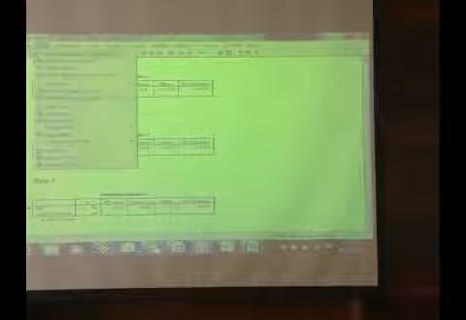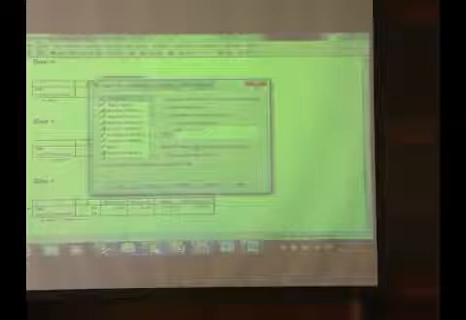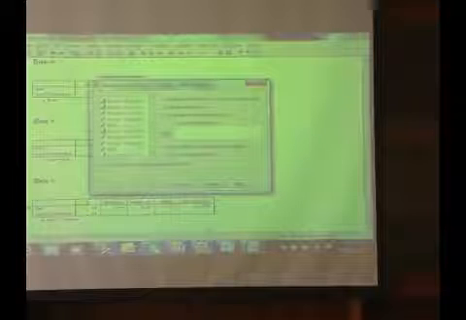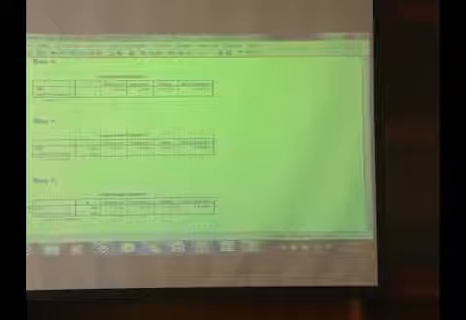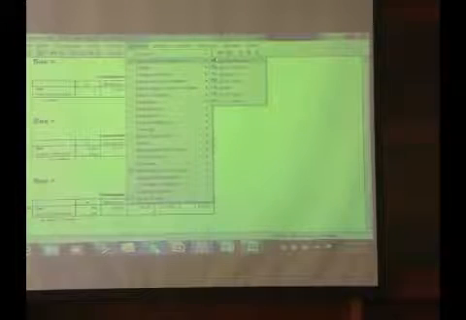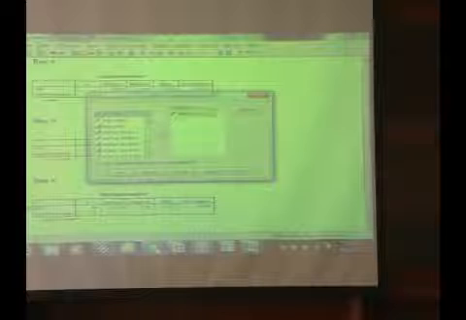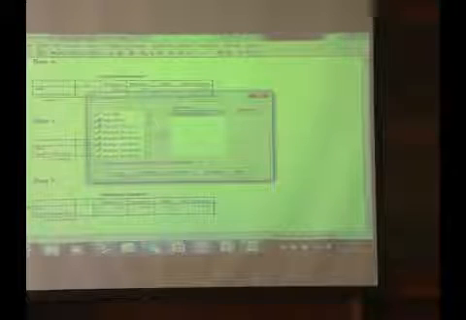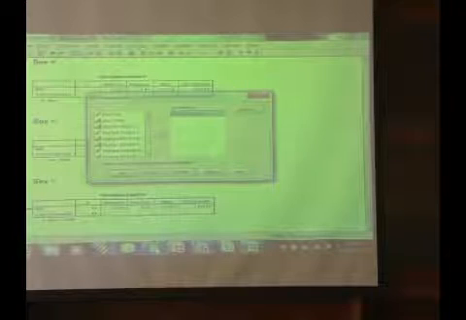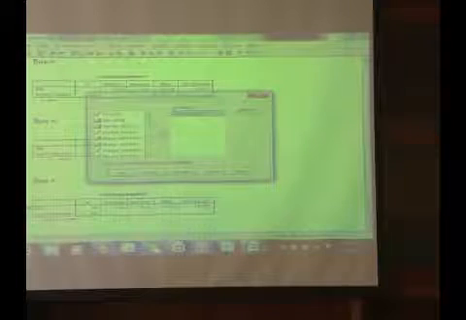The same thing: I can go to data, split file, assume that I want to compare those who died and those who were discharged. I click on OK. I analyze, descriptives, and I'll put age. Why am I doing this? I want to see the average age for those who died and the average age for those who survived.